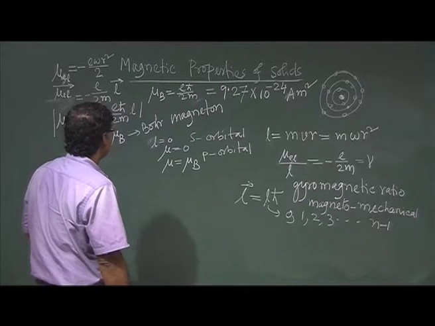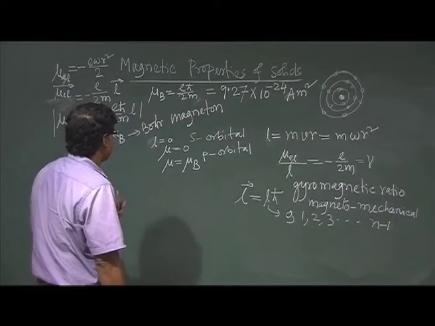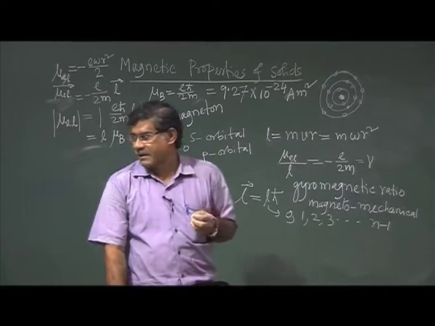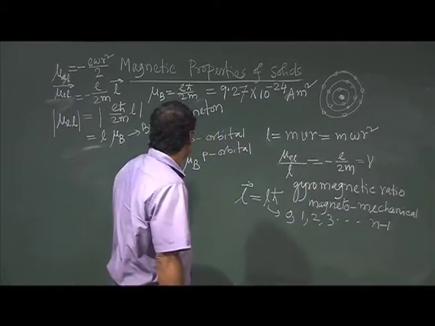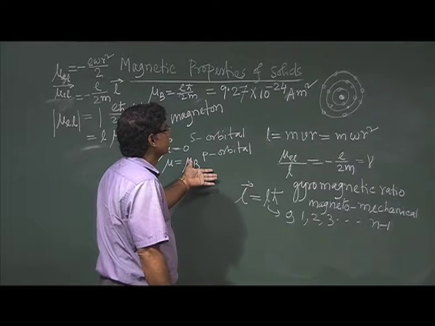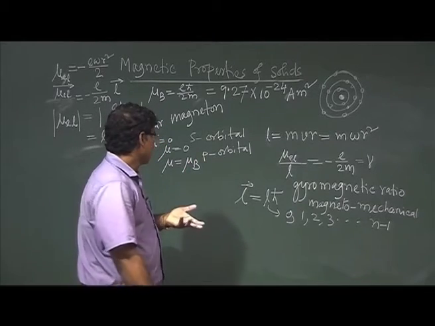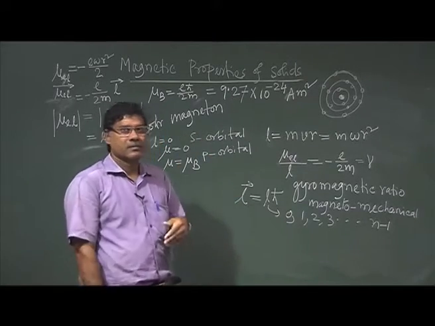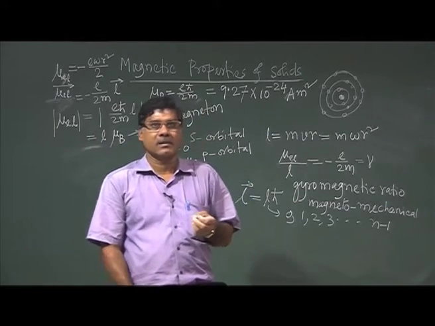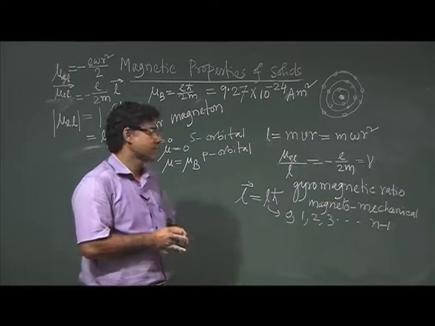Second, okay, so I think I can tell you that this is from one electron. Okay. So, if the atom is having many electrons, then following the Pauli exclusion principle, we can arrange them in the different orbitals, right.